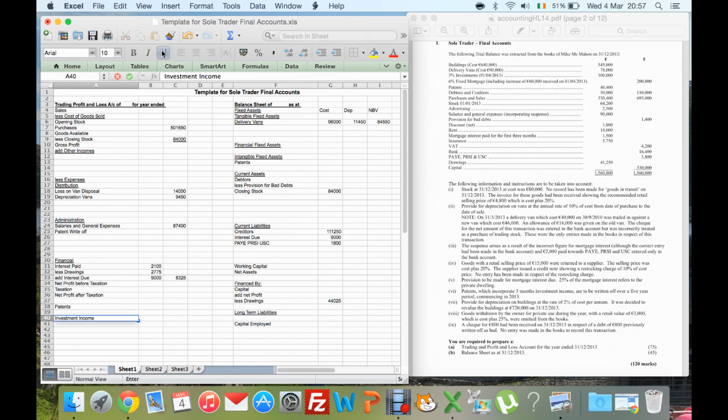Any investment income that hasn't been paid is going to have to be included as well. So our patents at the moment are 40,400.